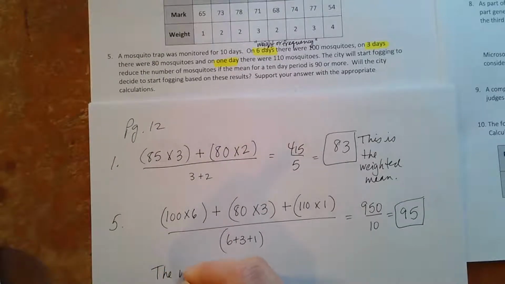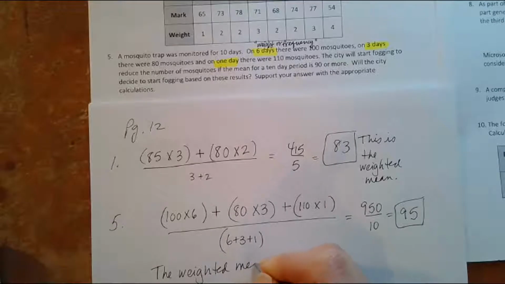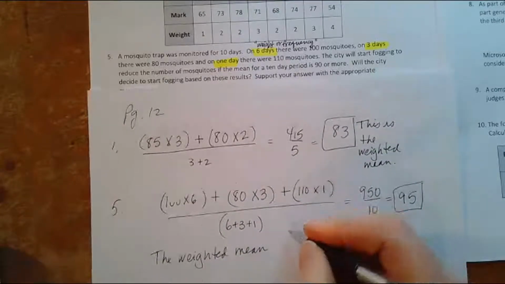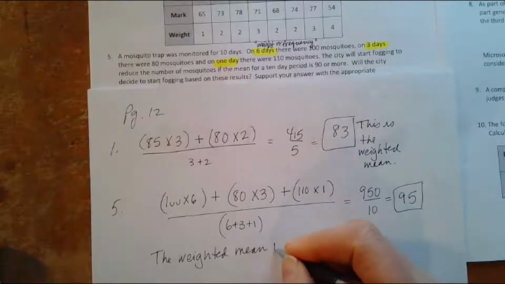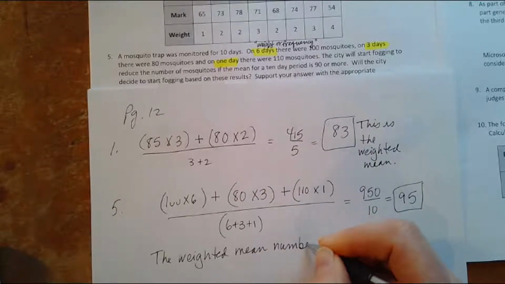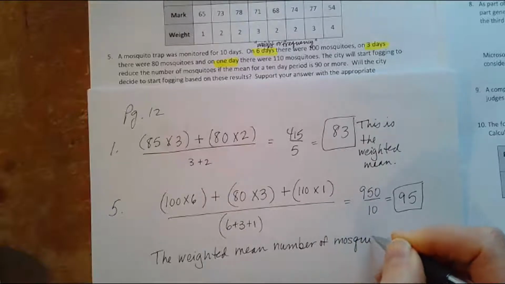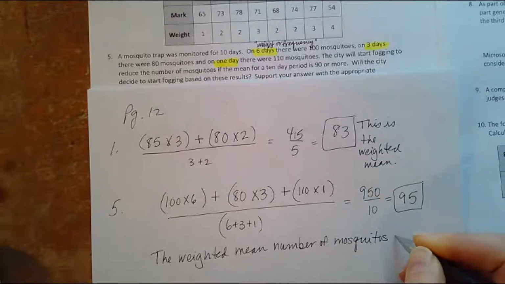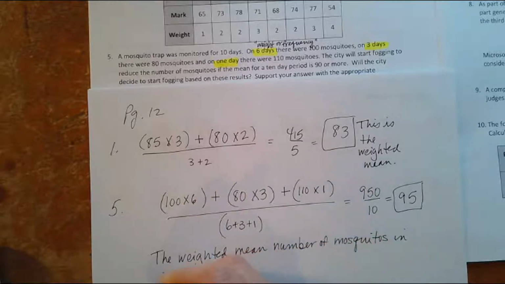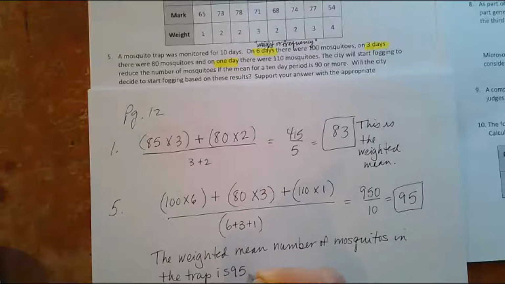The weighted mean, and in this case, it refers to the number of mosquitoes. The weighted mean number of mosquitoes in the trap is 95, okay?